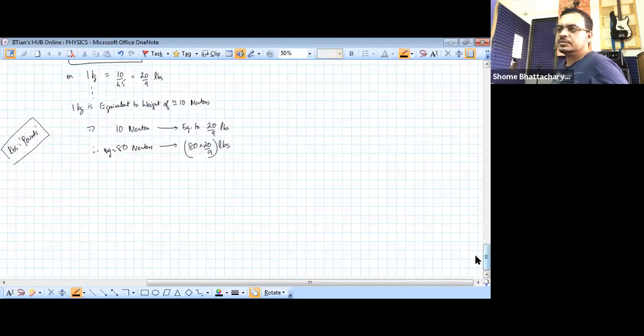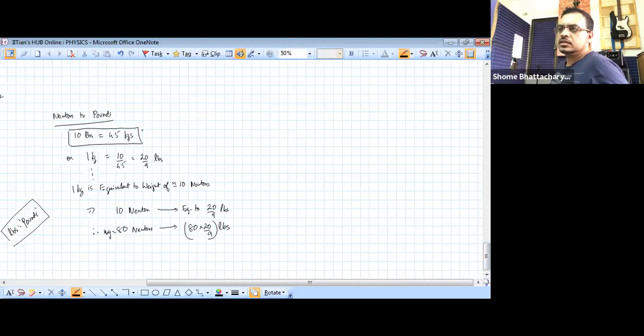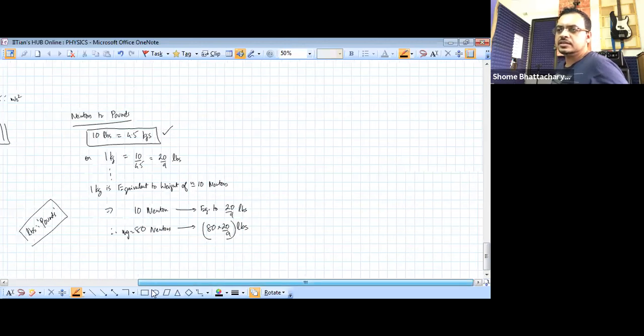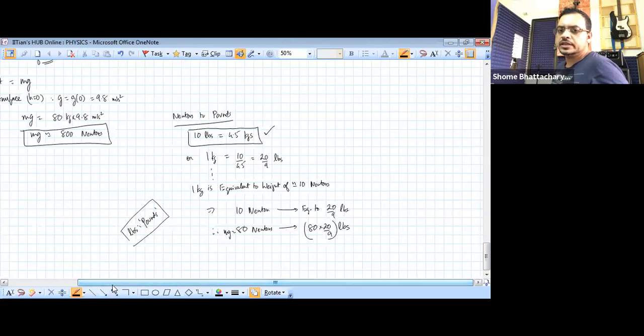This is the relation, that 10 pounds is equivalent to 4.5 kg. If it comes in the exam, the relationship between pounds and kg will be given to you. You don't have to memorize it. Yes, imperial metric system, that's correct, Aditya.